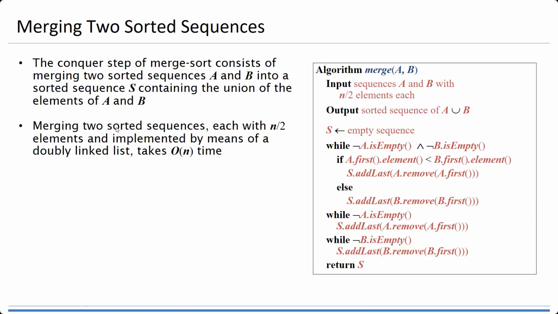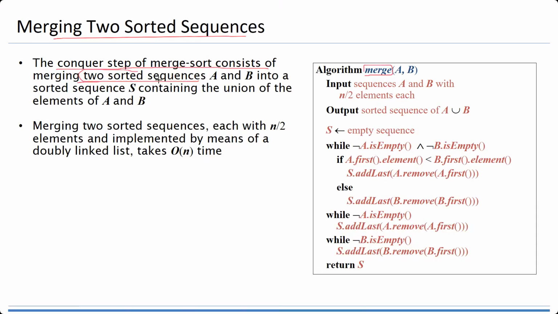So for the merge sort, we need to have another algorithm. We call it merge. The merge means we want to merge two sorted sequences. So the conquer step of the merge sort consists of merging two sorted sequences.